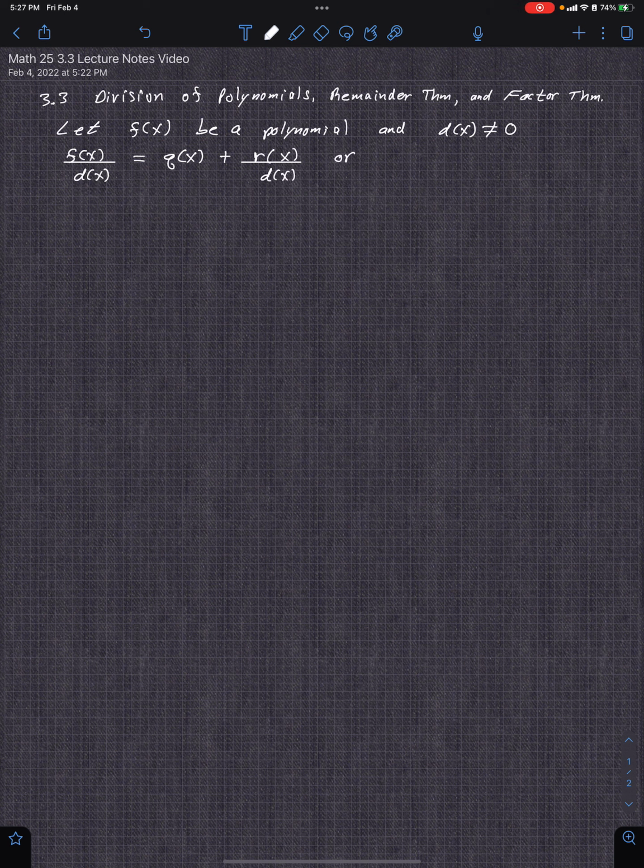Or you can multiply that out. You can write the polynomial f of x equal to d of x times q of x plus r of x, which is really what we're after, is this form.